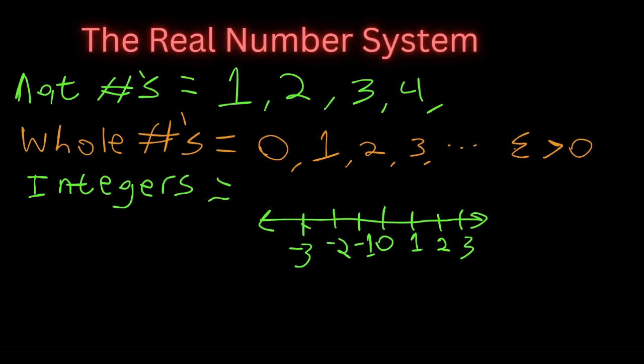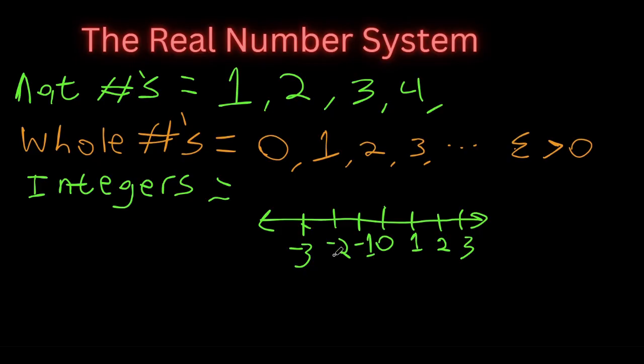So the integers include everything going in the left direction, everything going in the right direction, and everything in between.